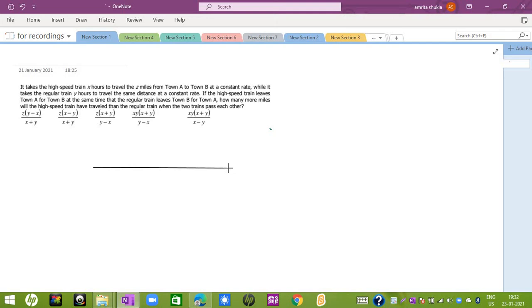So let's say there are two towns, A and B. Now there is a high-speed train which takes X hours to travel the Z miles from town A to town B. So the entire distance between town A and town B is Z miles according to the question.